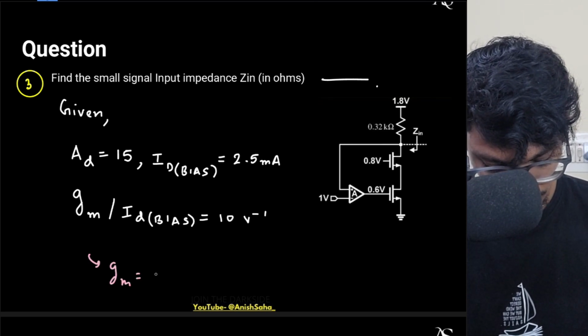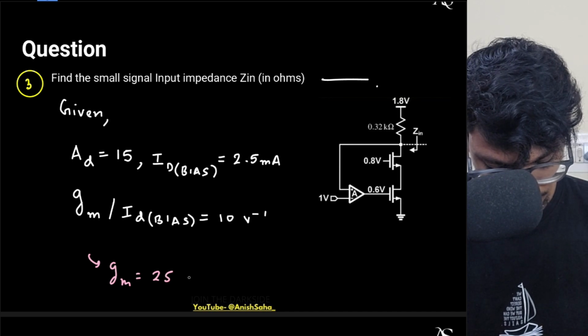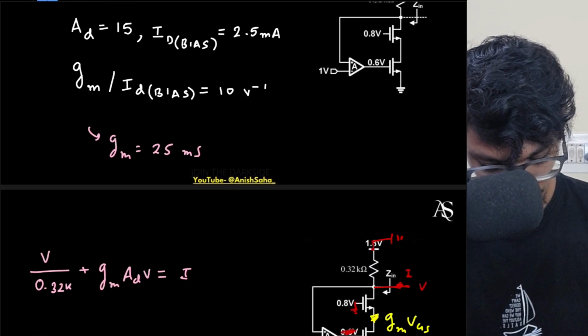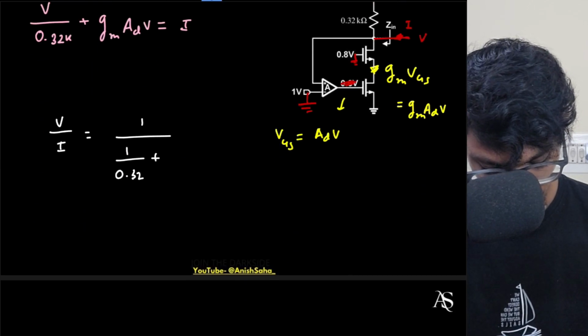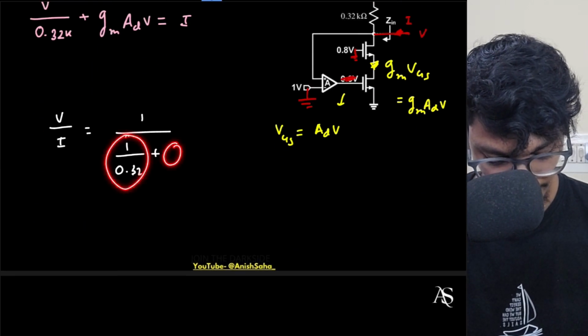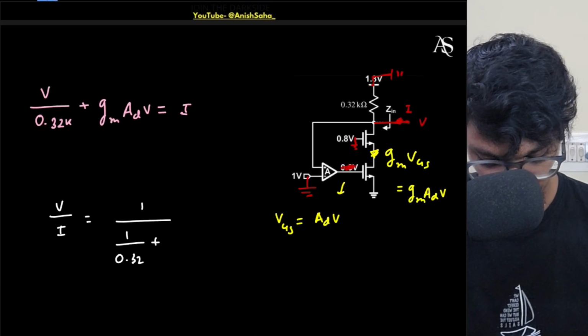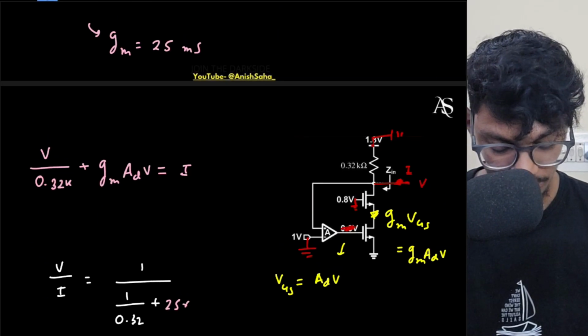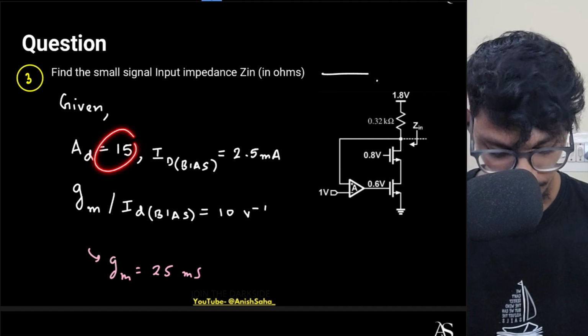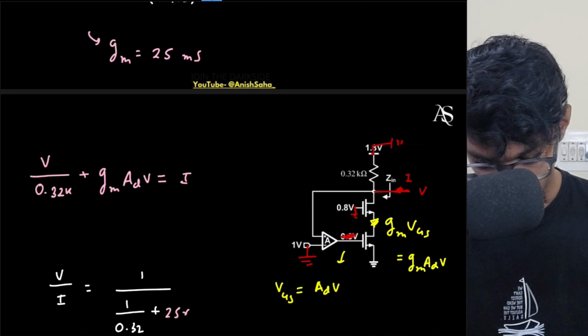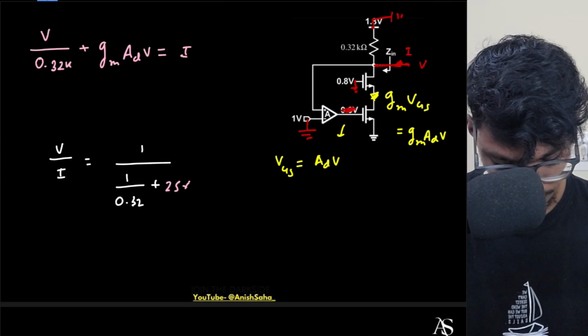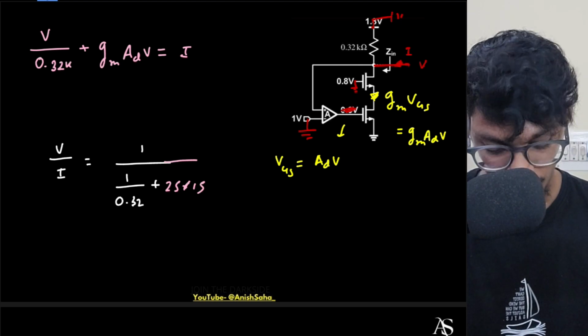GM value will be 25 millisiemens, correct? This is also in milli, so this will be 25 only. This will be 25 times 15, because the AD value is 15. This will be my V by I value.